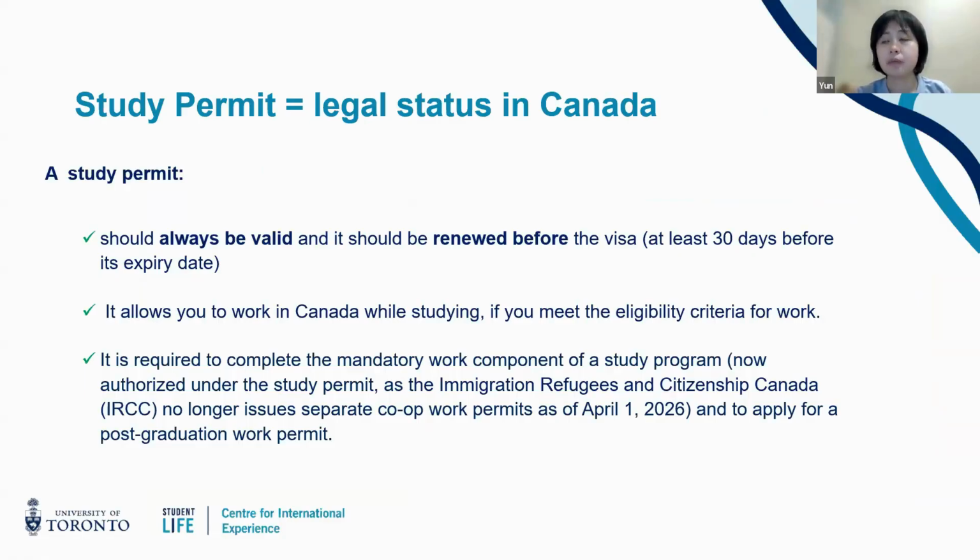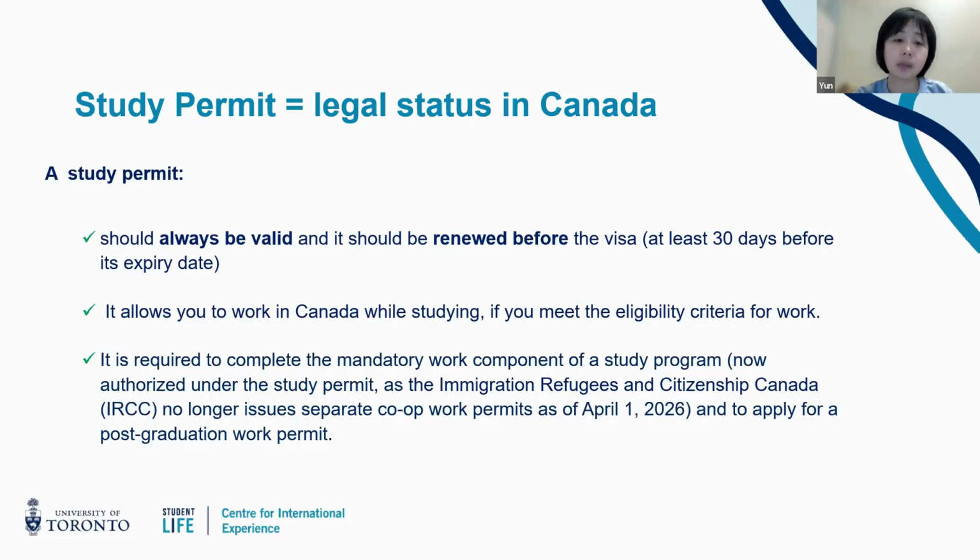Okay, so when it comes to a study permit, you should make sure that it always stays valid, and it should be renewed before the visa expiry date or your study permit expiry date. Usually, we recommend that students apply for an extension at least 30 days before its expiry date.